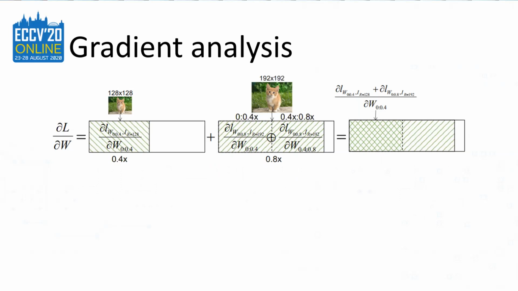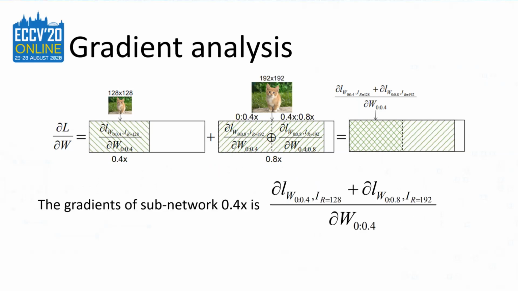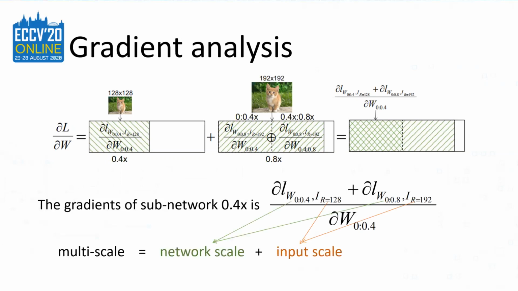As shown in the figure, because subnetwork 0.4 shares its weights with subnetwork 0.8, the gradients of subnetwork 0.4 consist of 2 parts. The first part is derived by itself with resolution 128. The other part is derived by subnetwork 0.8 with the large resolution 192. This allows subnetwork 0.4 to leverage the knowledge embedded in larger subnetworks and larger resolutions.